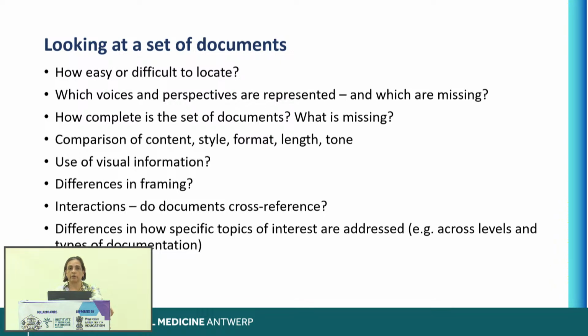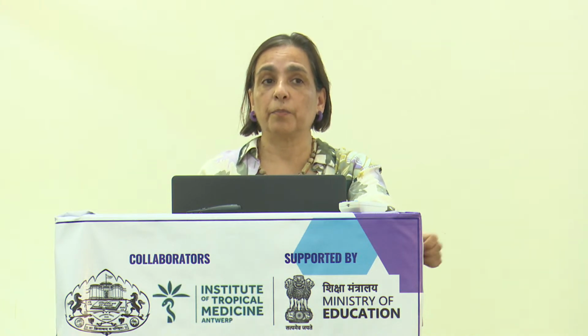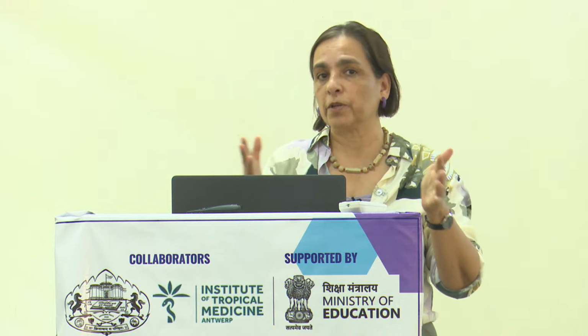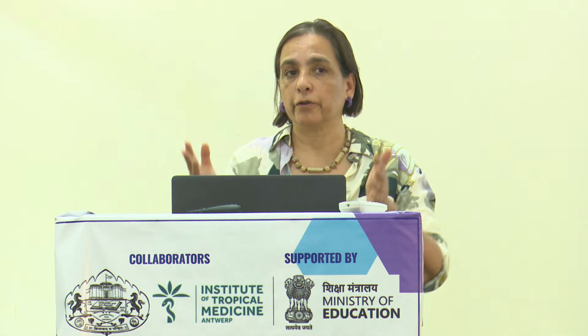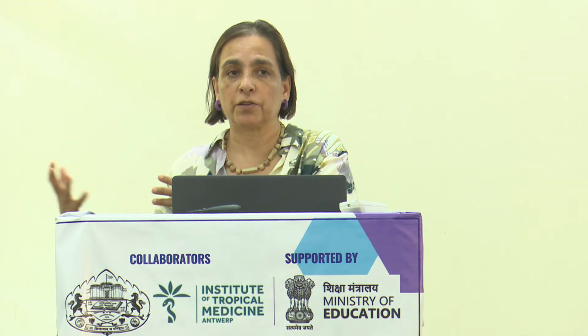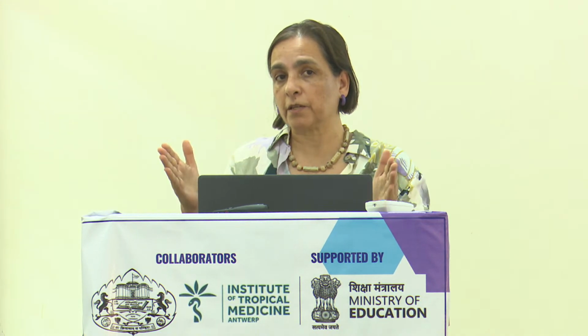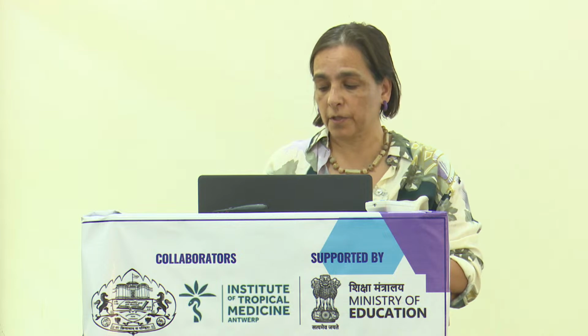So for example, if you're looking at policy documents, the policy on medical education is looking very good, but when you look at the textbooks, they haven't really evolved. Versus the media perception of medical education in the country, which is quite negative. So you might have a mismatch which you need to try to explain.